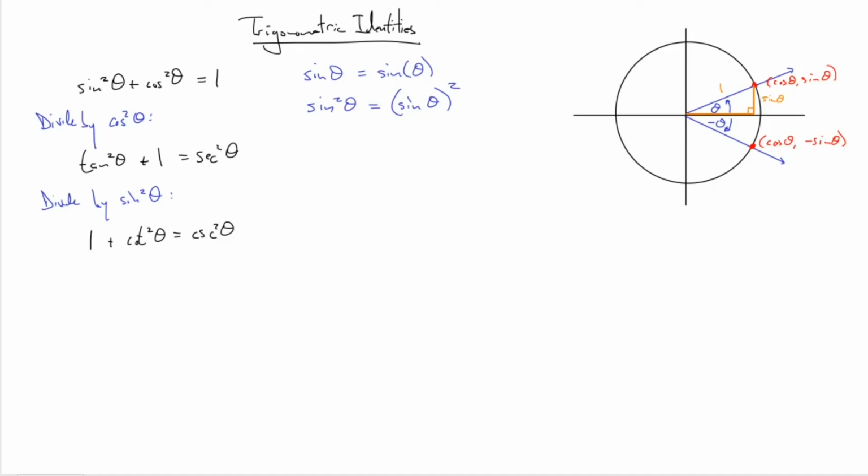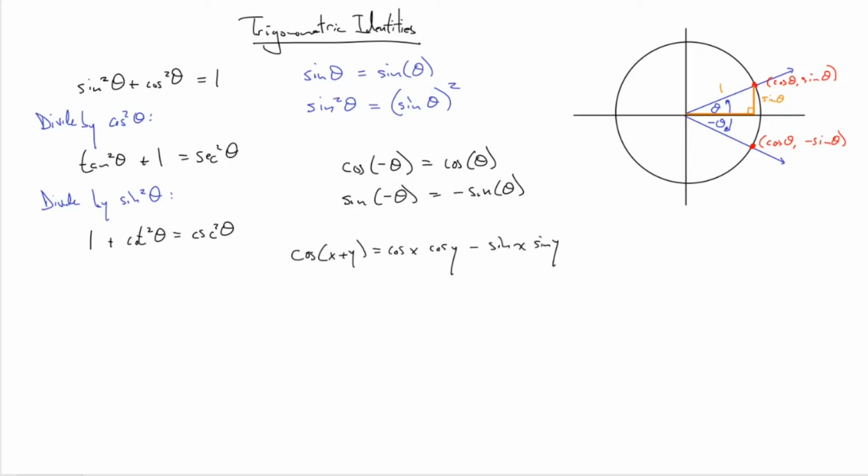In other words, it has the negative of the sine of the original angle. Which is to say that the cosine of negative theta is just the cosine of theta, but the sine of negative theta is the negative sine of theta. So here are 2 more trigonometric identities.